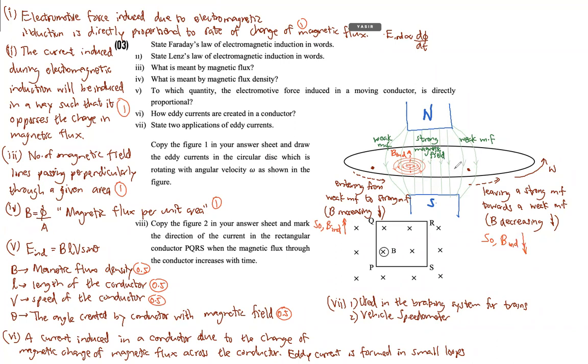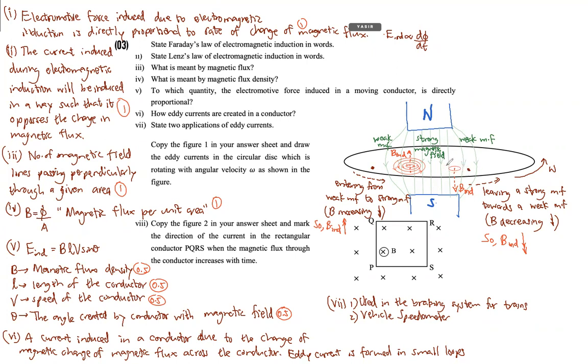So if I want an induced magnetic field downwards, what should be the direction of the eddy current? Using the corkscrew rule, it's going to be clockwise.